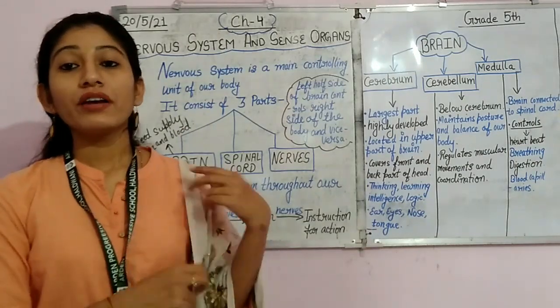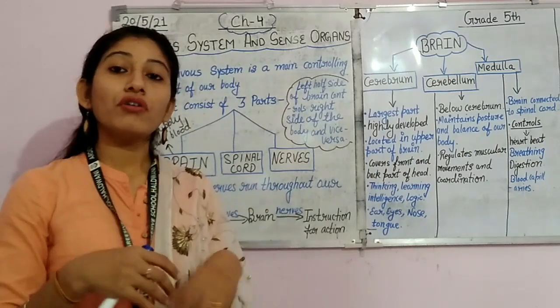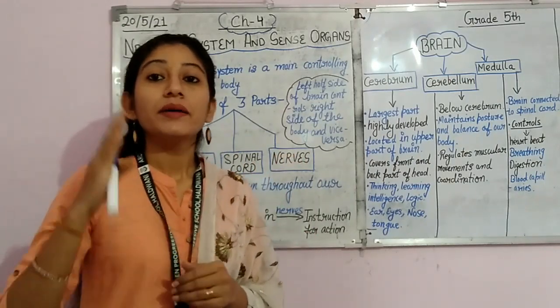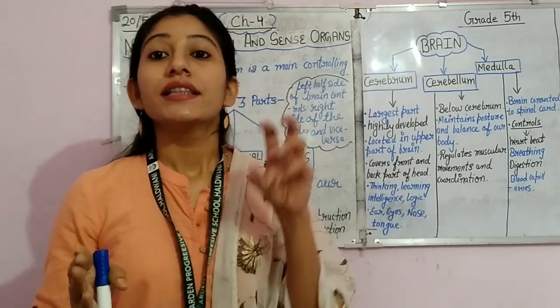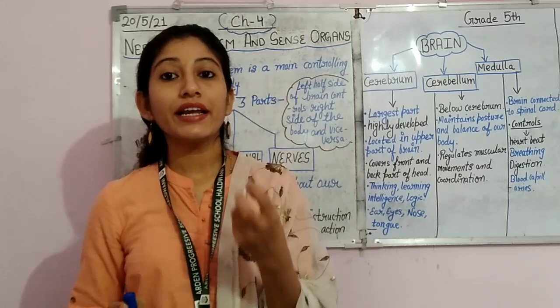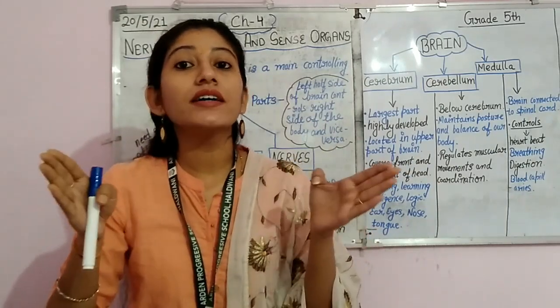See now, when we talk about the brain beta, first of all, before going in deep, let me tell you that the brain is a very delicate organ that is covered inside the skull.